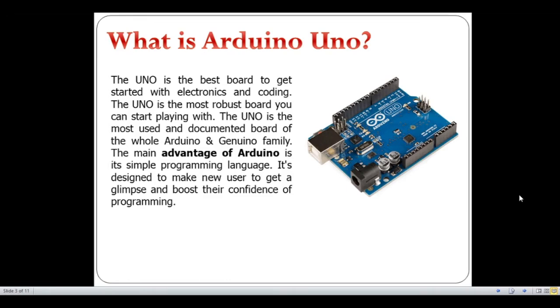The main advantage of using the Arduino is its simple programming language. It's designed to let new users get a glimpse and boost their confidence in programming. That's a testament of how easy it is to use the Uno board.